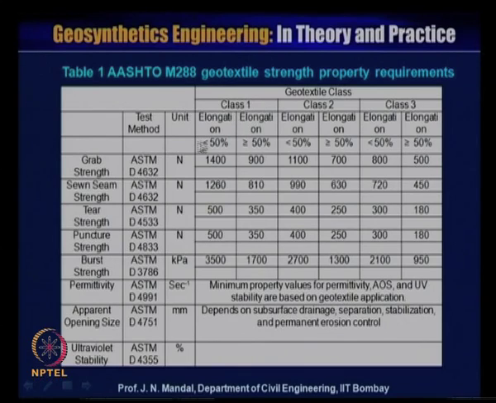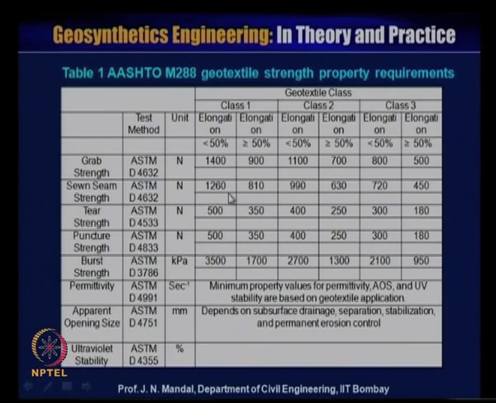And for class 1, you can see here elongation less than 50% and elongation greater than or equal to 50%. If it is less than 50%, the grab strength value is 1400 Newton, seam strength value 1260 Newton, tear strength value 500 Newton, puncture strength 500 Newton and burst strength 3500.